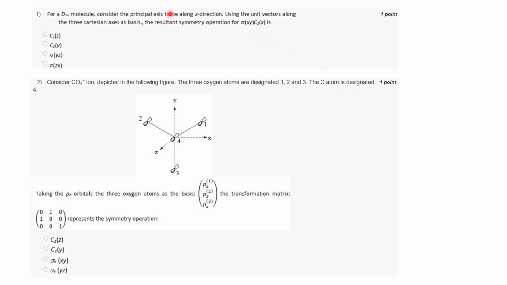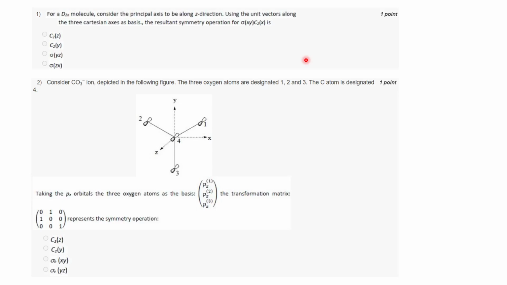Now consider the principal axis to be along the Z direction. Suppose you already told me the ethene molecule, right? Where do you think the C2 is? This principal axis C2 is passing through the double bond. Why not the molecular plane? Yes, it can pass through the molecular plane also.